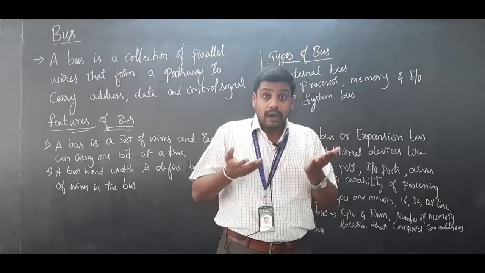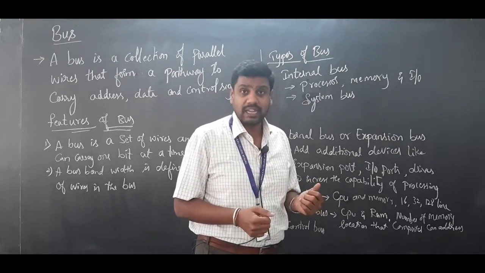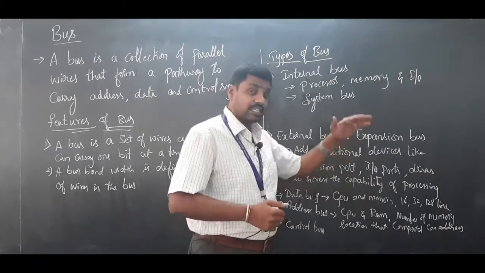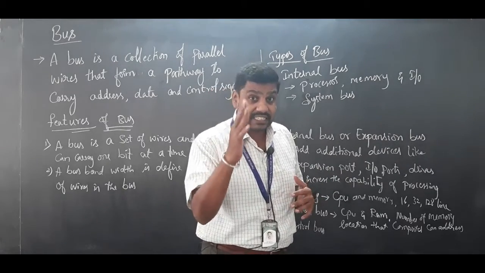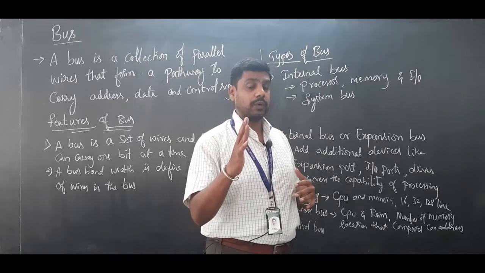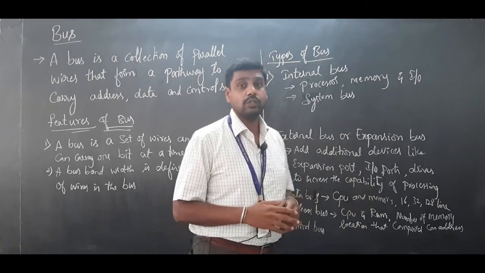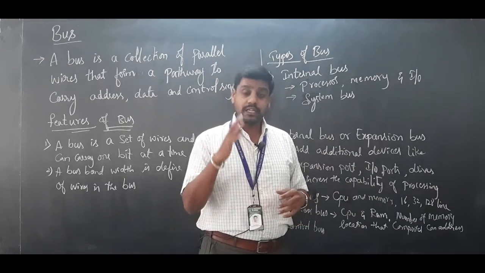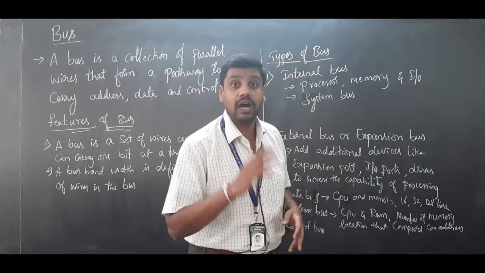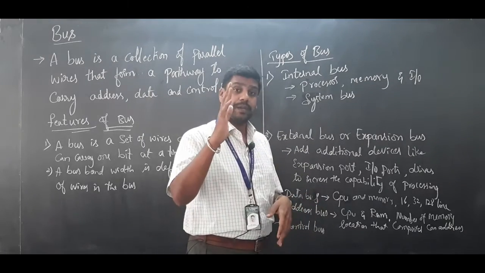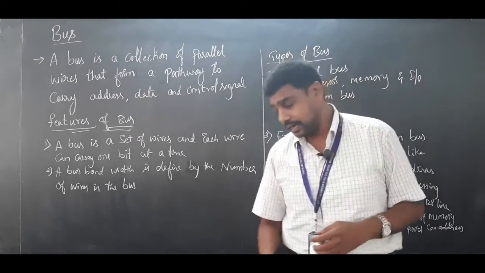As the number of data bus wire lines increases, the processing speed will increase. If you want to transfer 16 bits of data, then 16 lines of wire are required. The speed bandwidth of the data bus is always measured in megahertz.